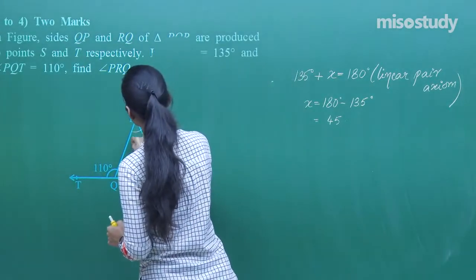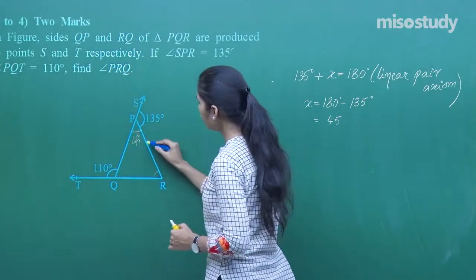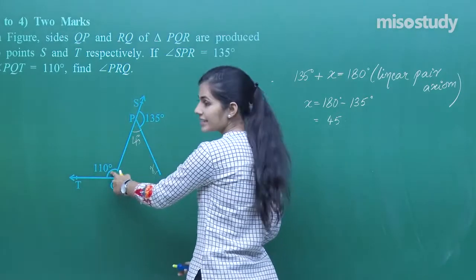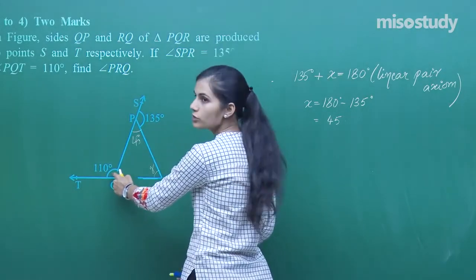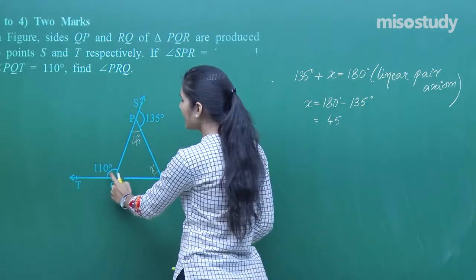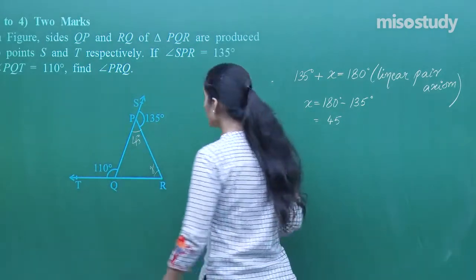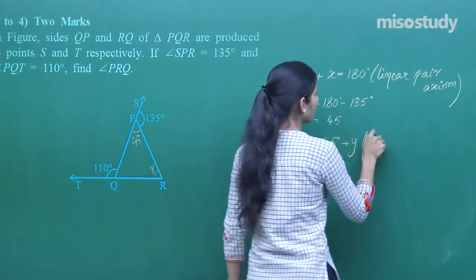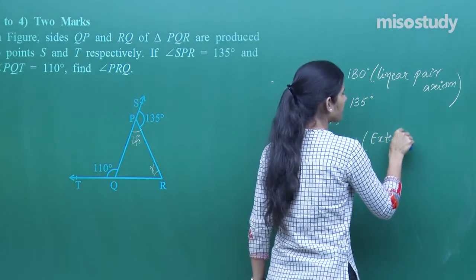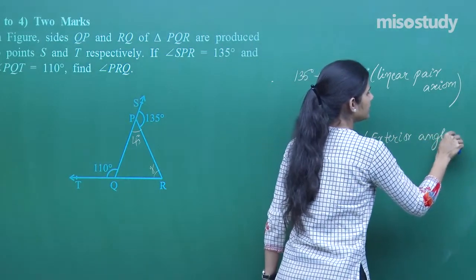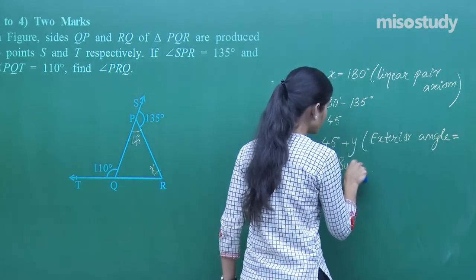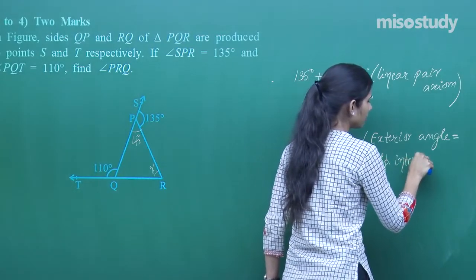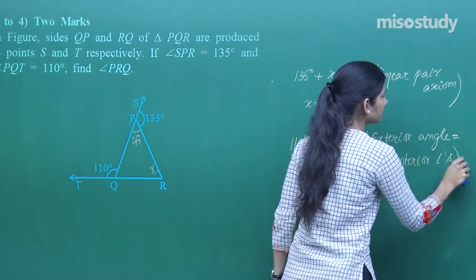Now, you all know that if say this is y, then 110 is an exterior angle at Q, which by the exterior angle theorem is equal to the sum of opposite interior angles. So I will have 110 degrees equal to 45 degrees plus y, since exterior angle is equal to the sum of opposite interior angles.